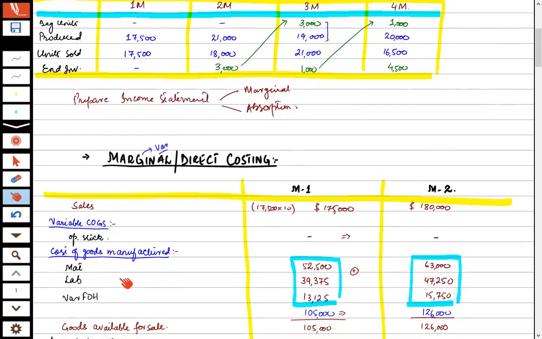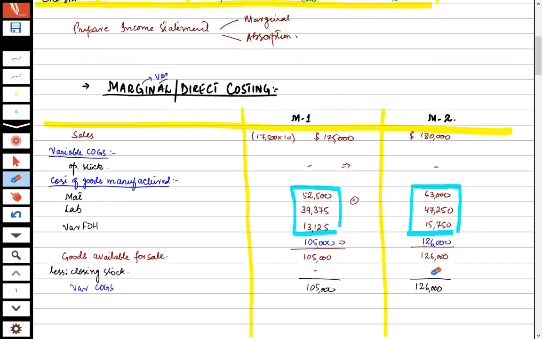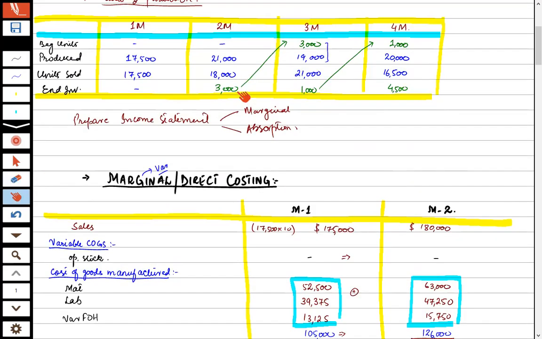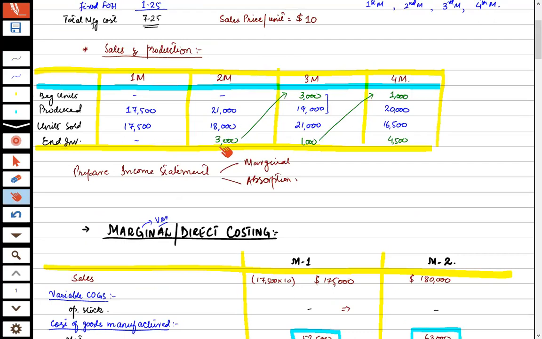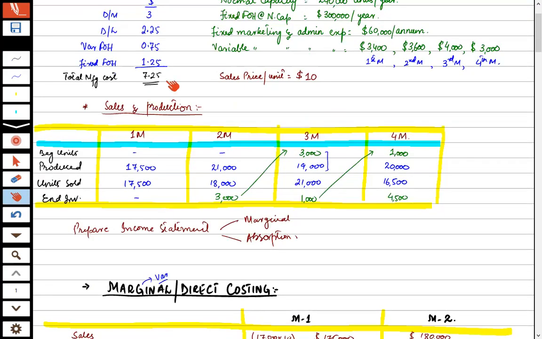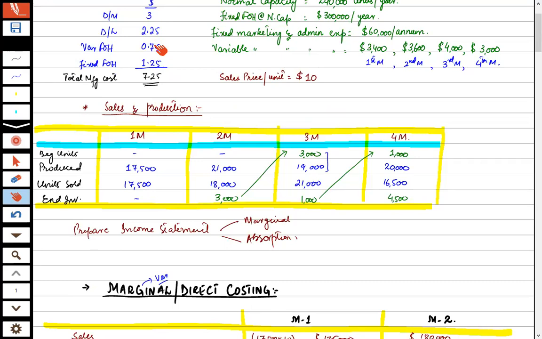One minute. We have a closing stock in the second month. Yes, we have closing stock in the second month of 3,000, and this is also from the produced units. So what would their total cost be?